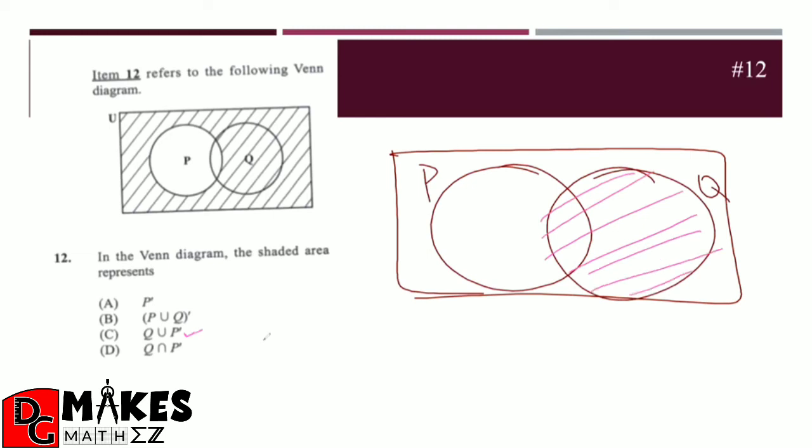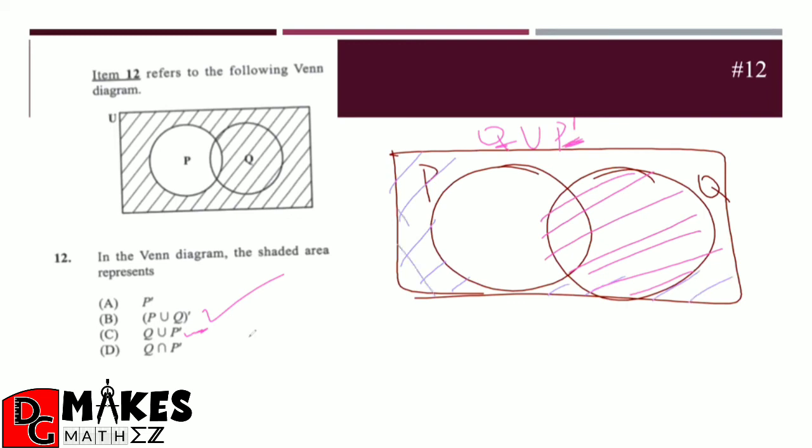Everything that's in P complement, so we're doing Q union P complement, which is totally different from P union Q complement. At first, we were finding the complement of the entire set P union Q. Now we're finding the union of these two sets, Q and P complement. So I've shaded Q, and I'm now going to shade P complement, which is everything outside of P.